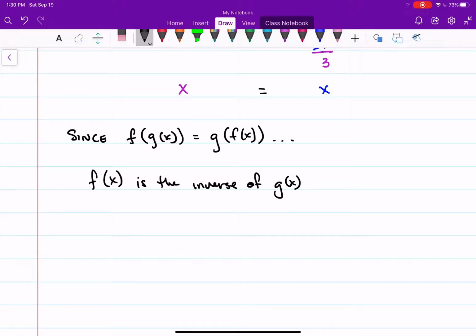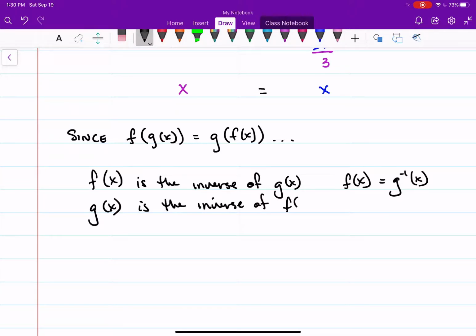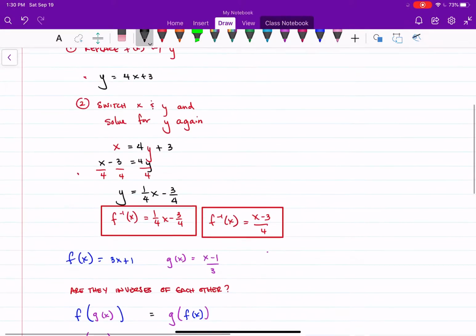So in other words, f of x is equal to g negative 1 of x. And g of x is the inverse of f of x, which means g of x is equal to f negative 1 of x. There we go. All right. So there we go. So that is the two things that you're probably going to be asked for.